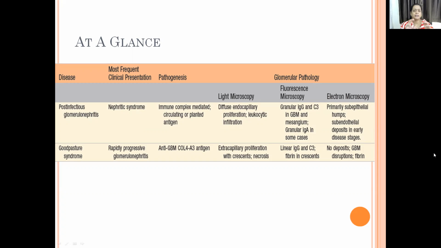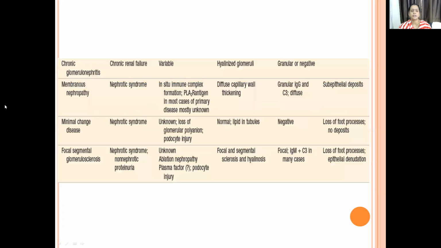An antibody comes and attaches to this NC1 domain, so there is immune complex formation. Because of this, there is extracapillary proliferation with crescents and necrosis under light microscopy, and on immunofluorescence, linear IgG and C3 is characteristic of anti-GBM disease.